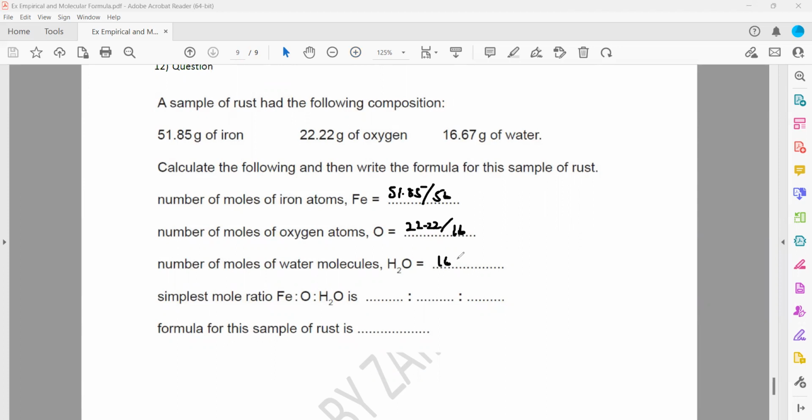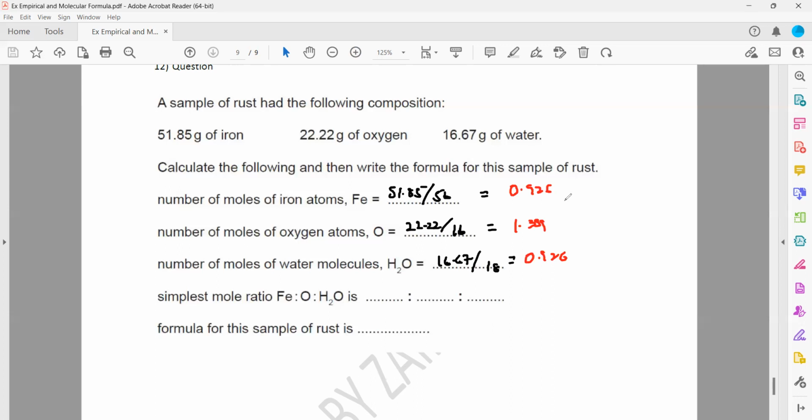And for water, 16.67 divided by hydrogen 2 times 1 plus oxygen 16, so total is 18. This will give us the moles of each of them: 0.926, 1.389, and then 0.926.